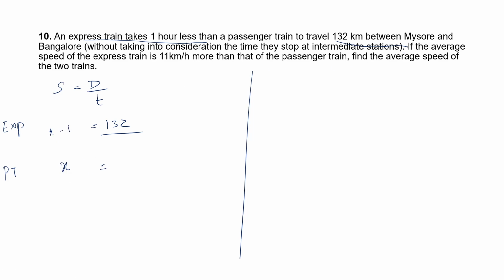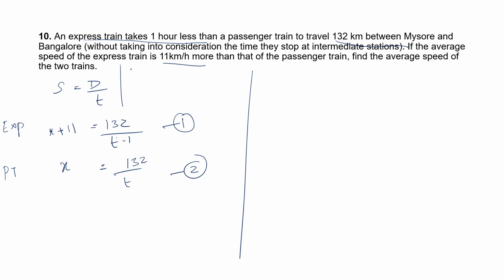Now here, the average speed of the express train is 11 kilometer per hour more than that of the passenger train. This is time. See here, this is the first equation, this is the second equation.